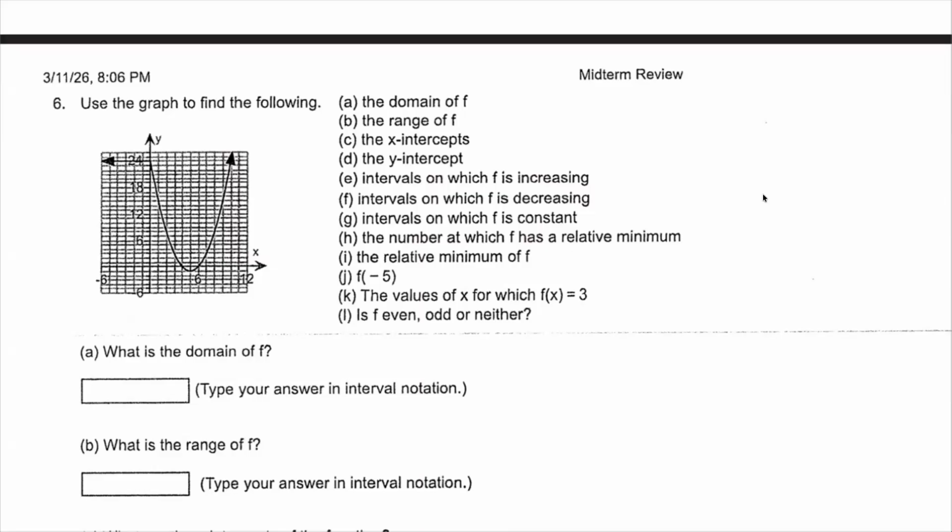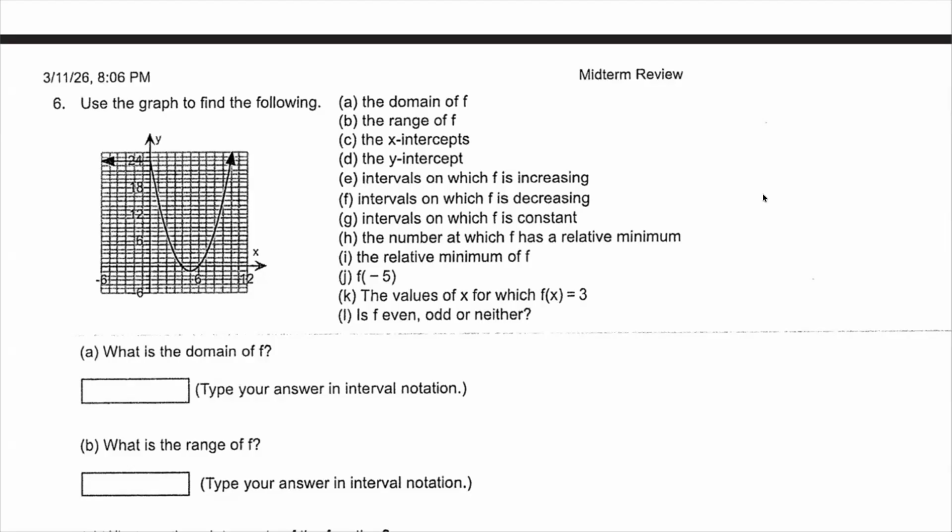This problem we have to do all sorts of things. So the first thing is to find the domain of this function. The domain has to do with how far left the graph goes and how far right it goes in terms of x values. Looking at the graph, the arrows indicate that they're going forever and ever to the left.